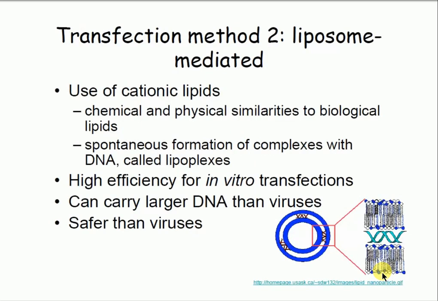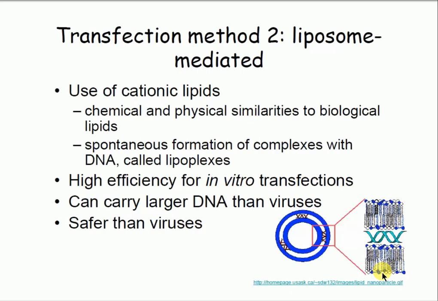Other transfection methods use liposomes. So these are little vesicles that are made out of lipids, pretty much like the lipid layer on a cell. So you have a lipid bilayer, which has the charged part on the outside and the lipid part on the inside. And you form this bilayer here, and in the middle you can have DNA.